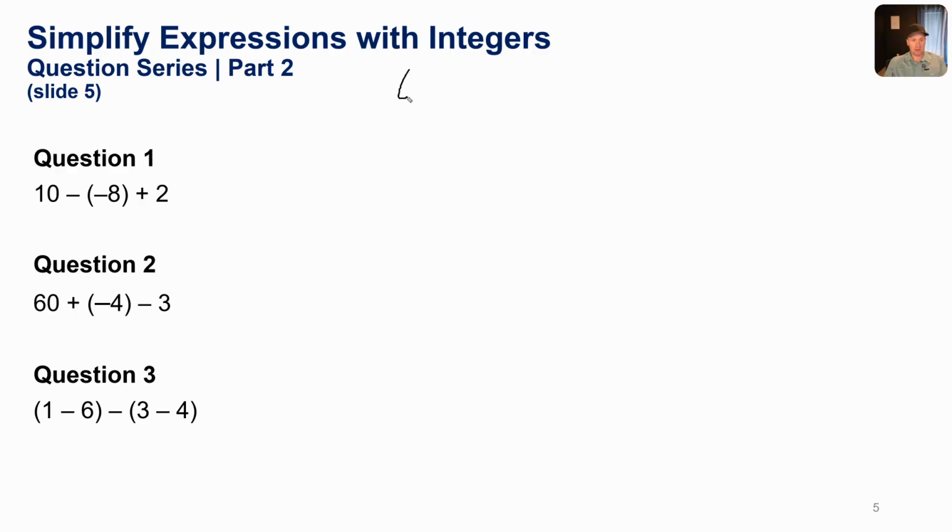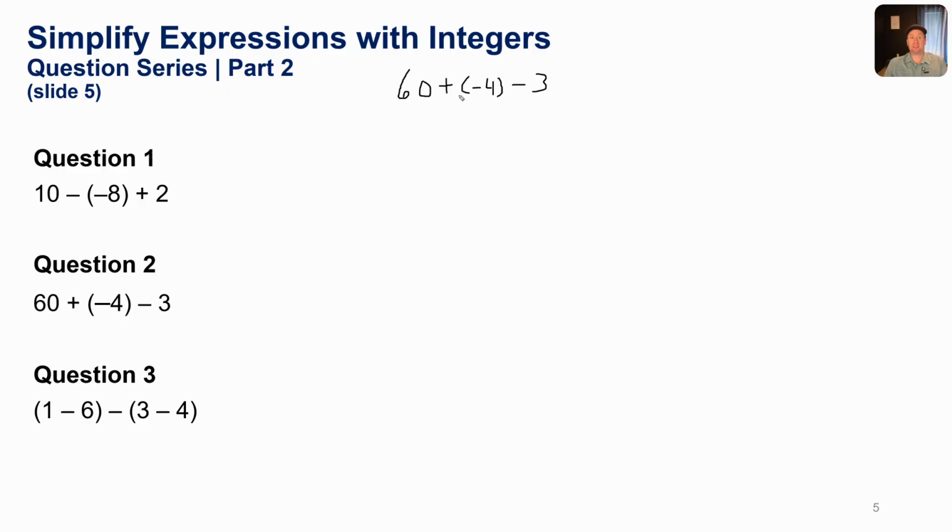Question number 2 then is 60 plus negative 4 minus 3. So here I'm taking 60 and I'm adding a negative 4. Adding a negative, this is like you charging your credit card or putting negative $4 of debt onto your credit card.